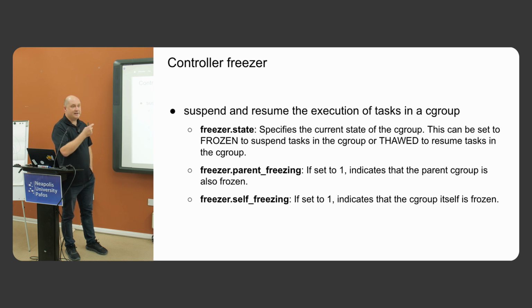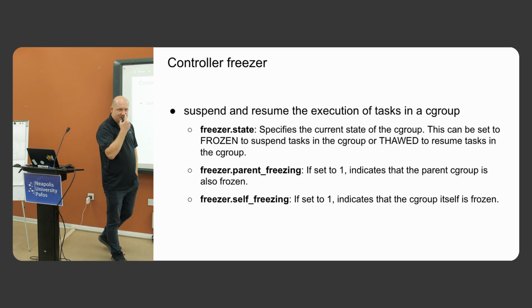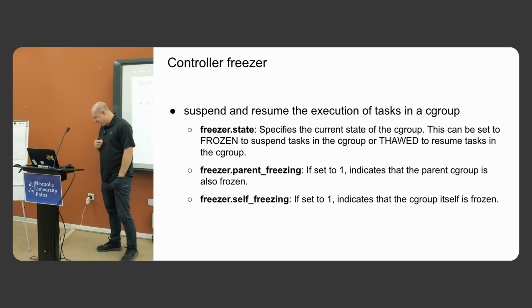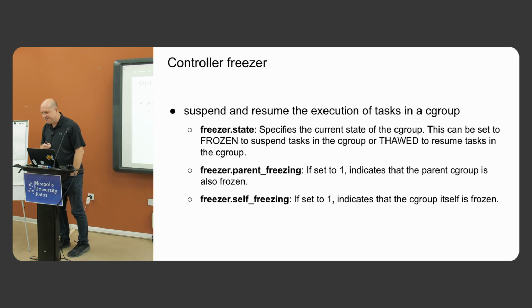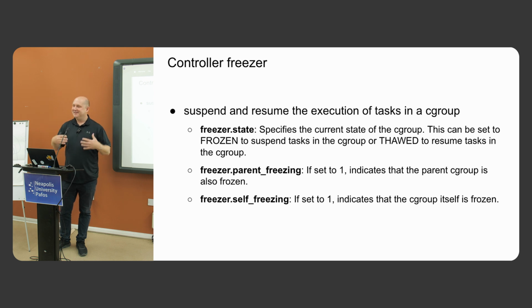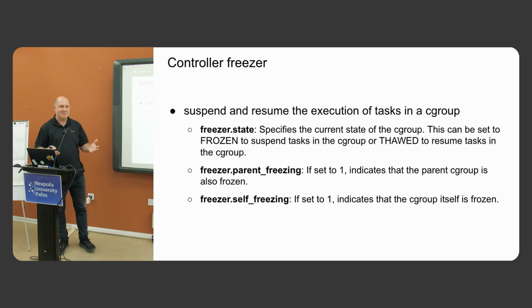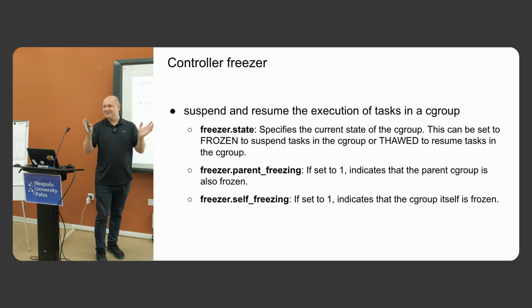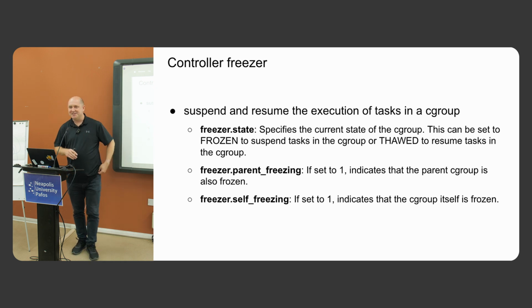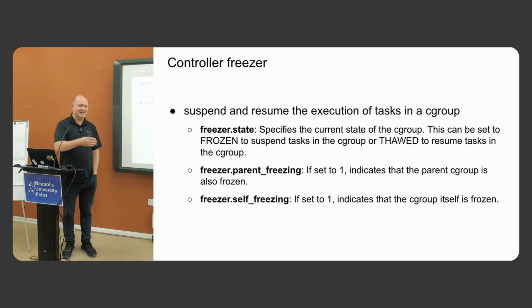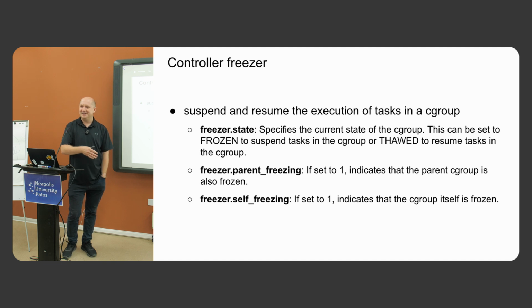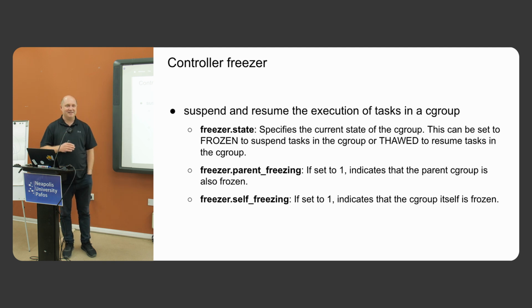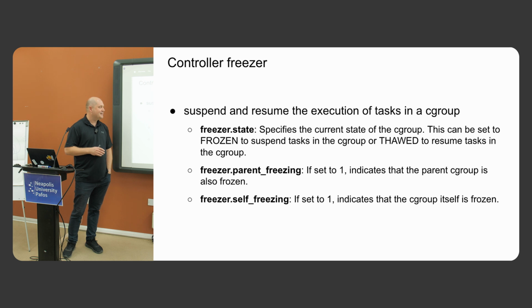Freezer, very nice. Imagine that you have a production system which serves customers, and at some point a cron-controllable process like archiving happens, and this is the end of the month and everybody is crazy about finishing their work.